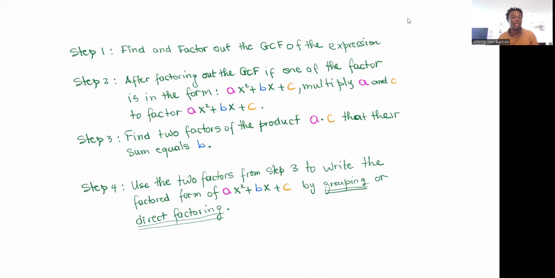Step 2, after you factor the GCF out, then you would have one of your factors that can be written as this expression ax squared plus bx plus c. You would have to multiply the a value with the c value to find a number.